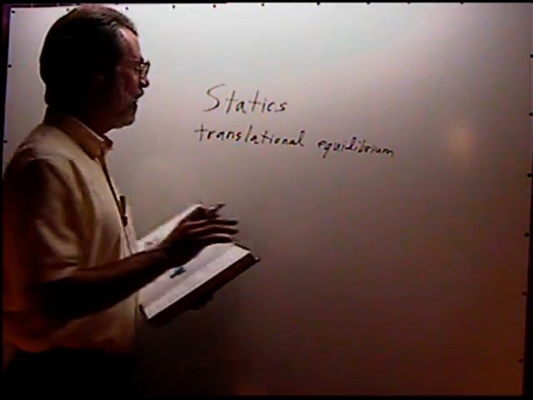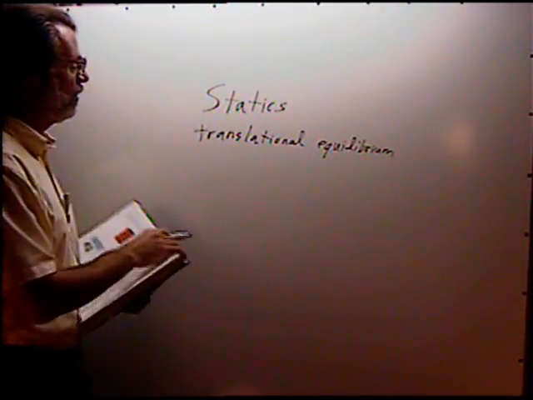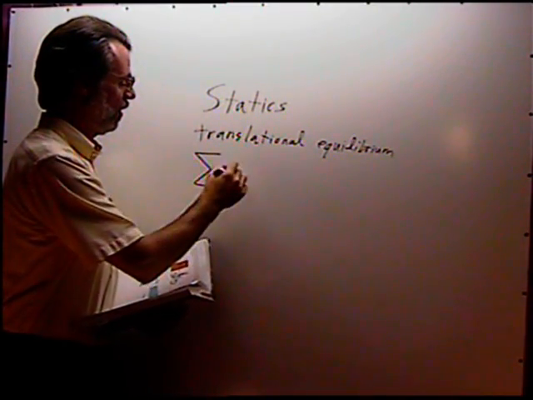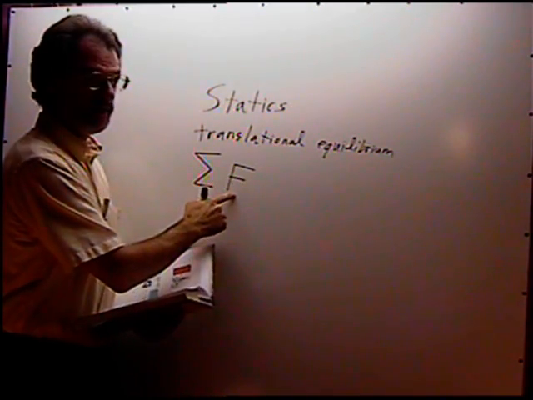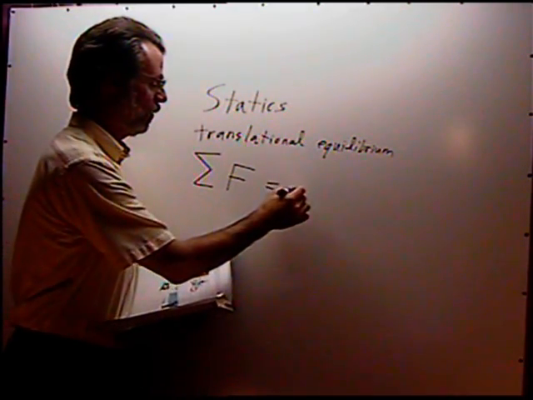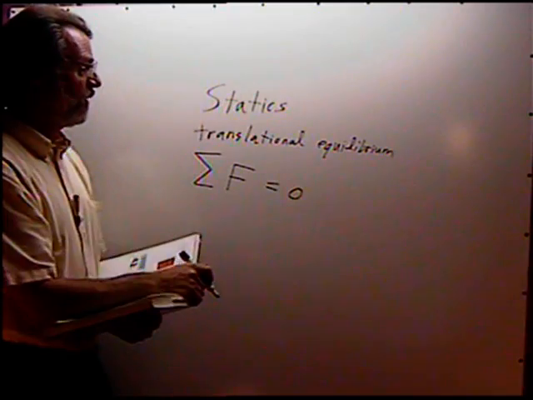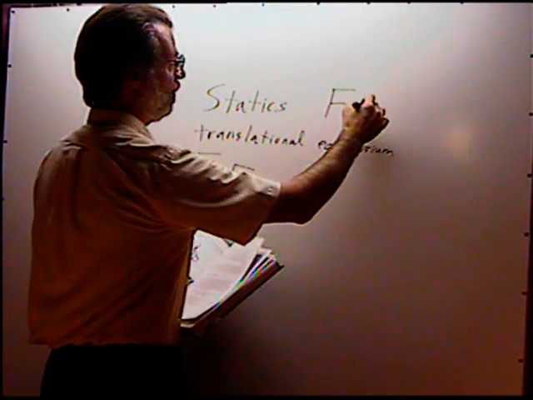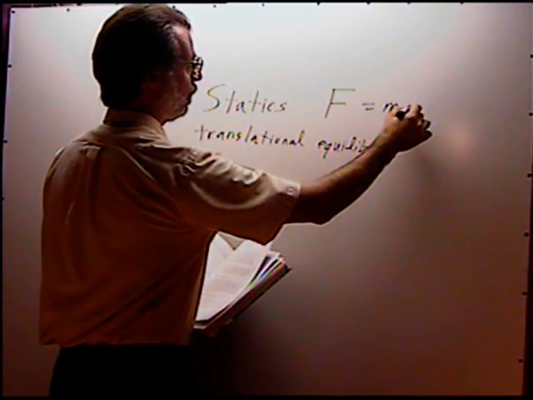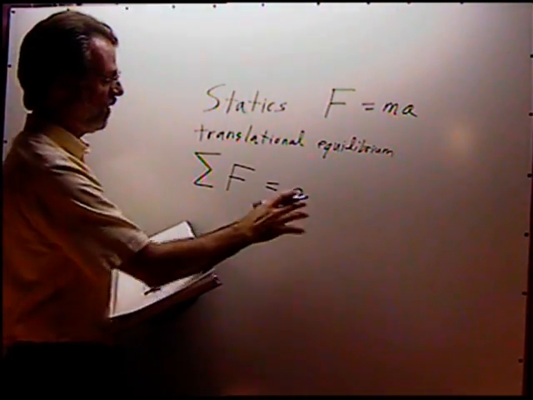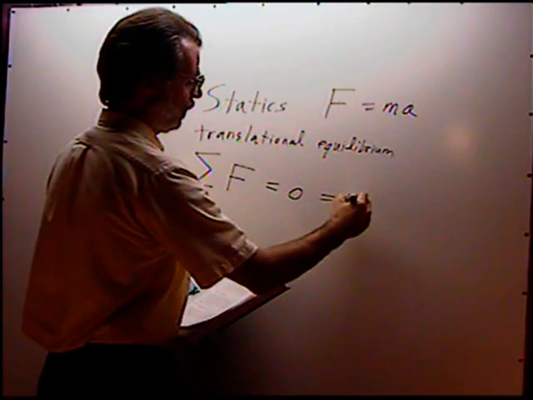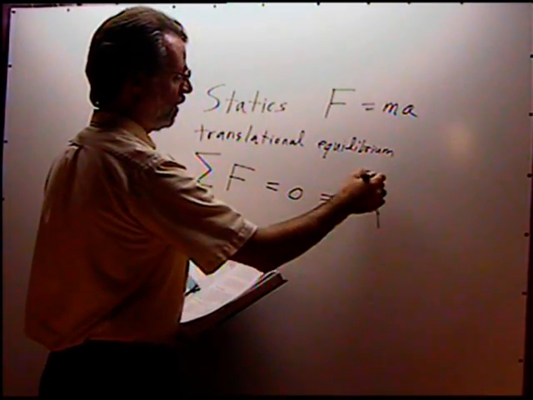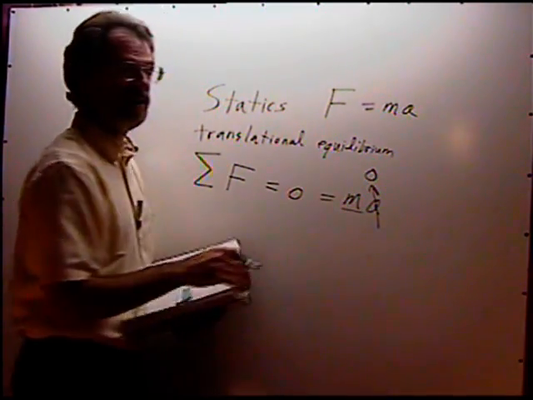It's basically when the sum of all the forces that act on an object is equal to zero. Now remember, Newton's second law is F equals ma. So if the sum of the forces equals zero, then the acceleration of this mass is zero.